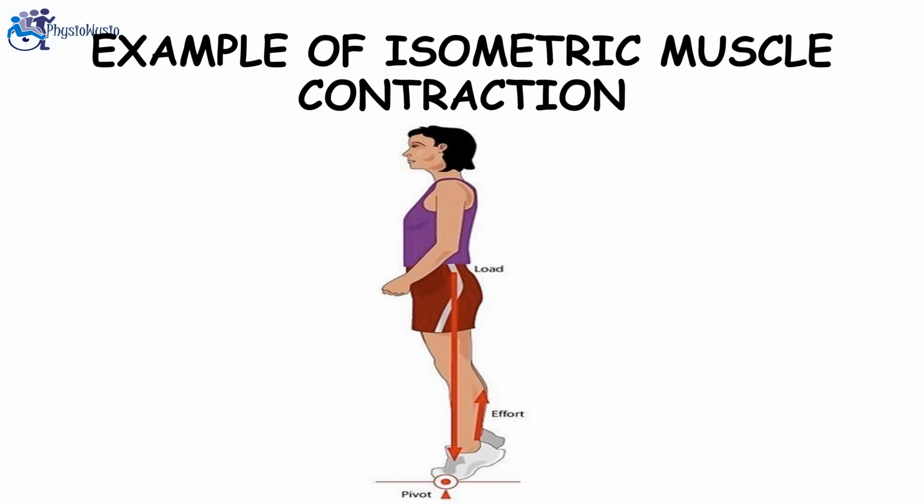When you stand on your toes, or you can say when you do toe standing, your heel is raised and it remains in the air as long as the calf muscles, present on the posterior side of the leg, remain contracted. So basically your calf muscles work in the opposite direction and nullify the effect of gravity, and if you lower your heels, the muscles become relaxed by the action of gravity.